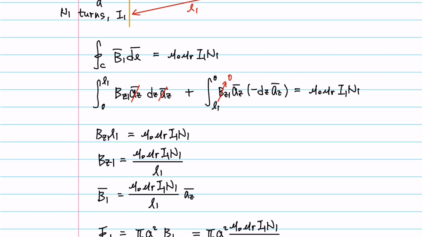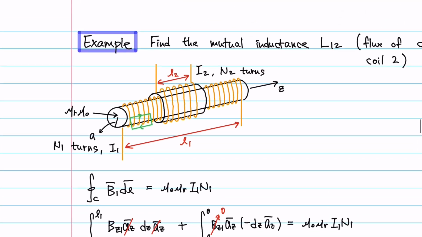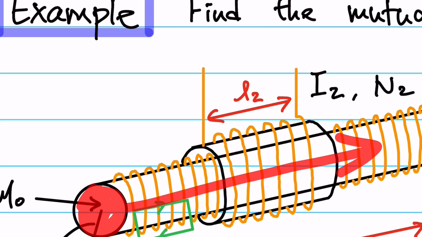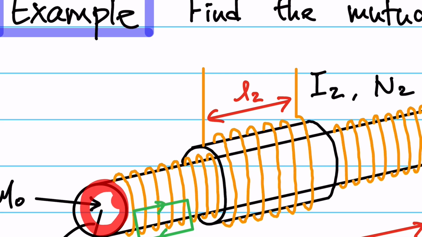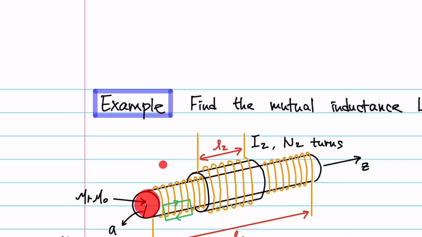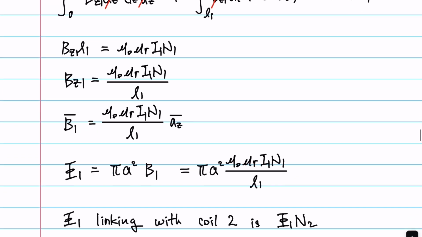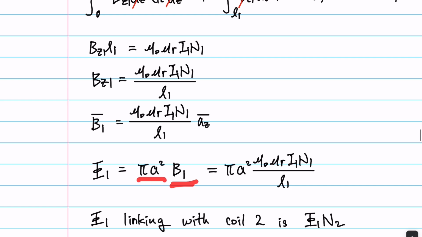And all you got to do is multiply the surface area where the magnetic flux density is. So the magnetic flux density is inside this circle, moving that way. And so you need to multiply the circular surface area, which is pi a squared, to the B1. So pi a squared times B1 is going to be this.